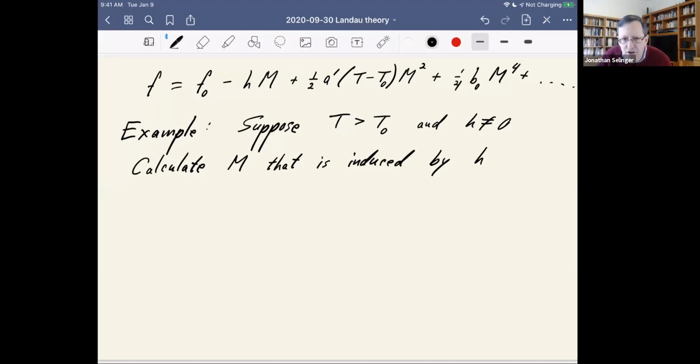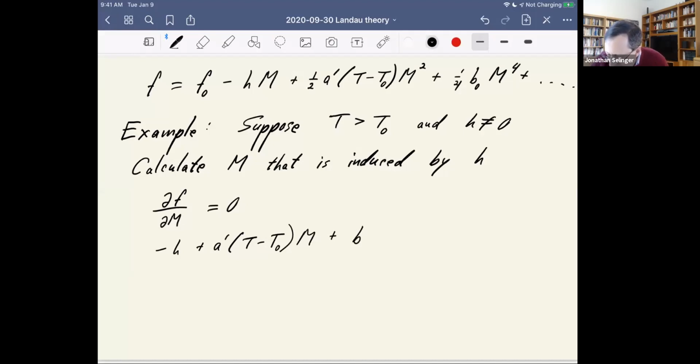The way we do that is to say, well, as always, we want to calculate a minimum. So we take the first derivative and set it equal to 0. Okay? So that means -h + a'(T - T0)m + b0 m^3 = 0.